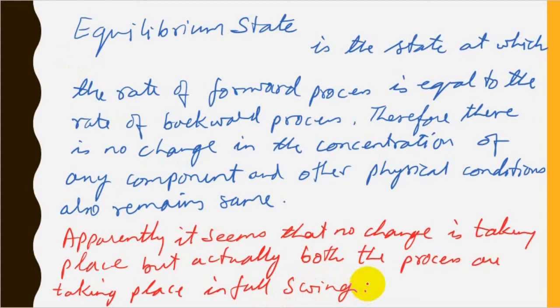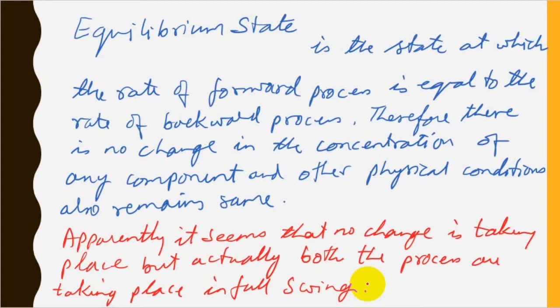It looks like there's no change because there's no change in temperature, no change in pressure, no change in concentration. But the forward and backward reactions are taking place at the same rate. So apparently you don't see anything. Is it clear? Basically the changes will continue, but apparently nothing can be seen.